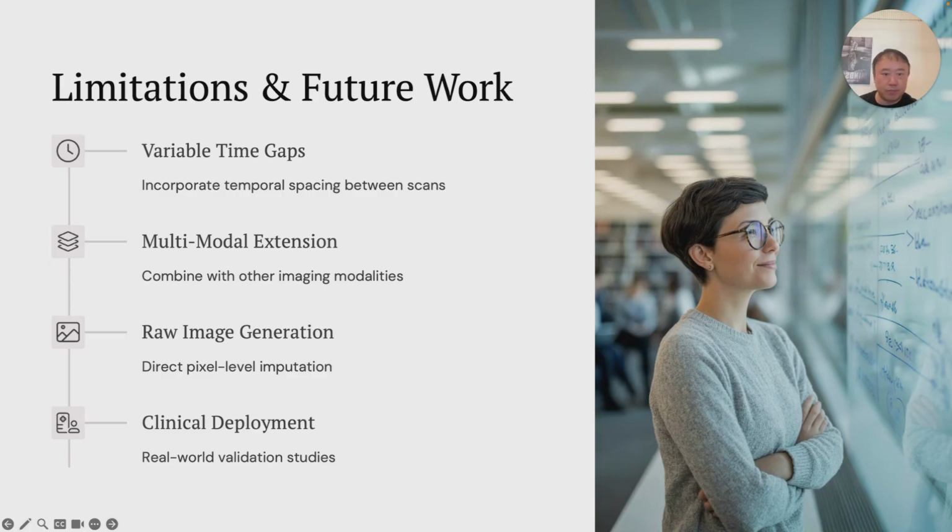In this particular work, another limitation is that we're generating the important MRI-related features, that's 769 features, and we are not generating the raw images. So a step forward could be taking those features and doing a full MRI image generation.